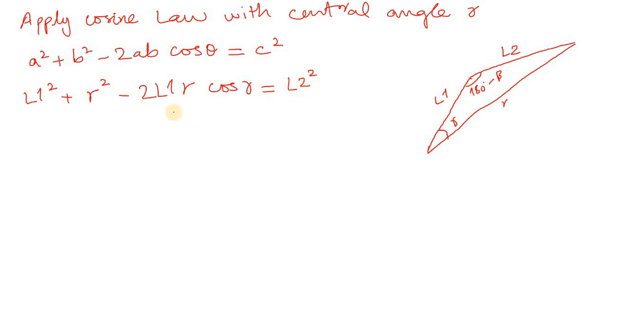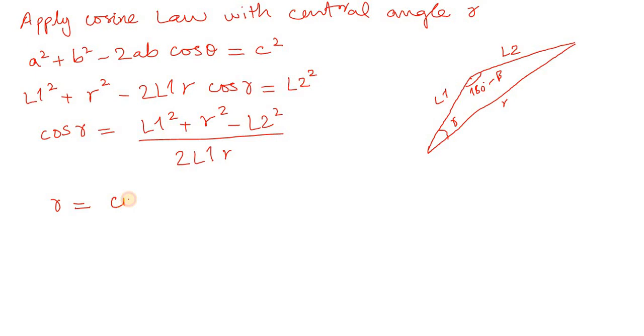So from here we can calculate the gamma. So cosine of gamma is equal to L1 square plus R square minus L2 square divided by 2 L1 into R, and from here you can calculate your gamma.